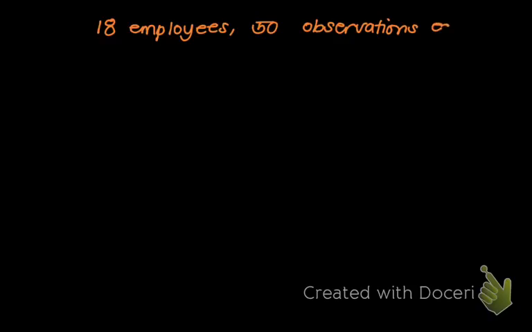So again, you have 18 employees and you conducted 50 observations each. Therefore, our N is 18 times 50, and that will be 900 observations.